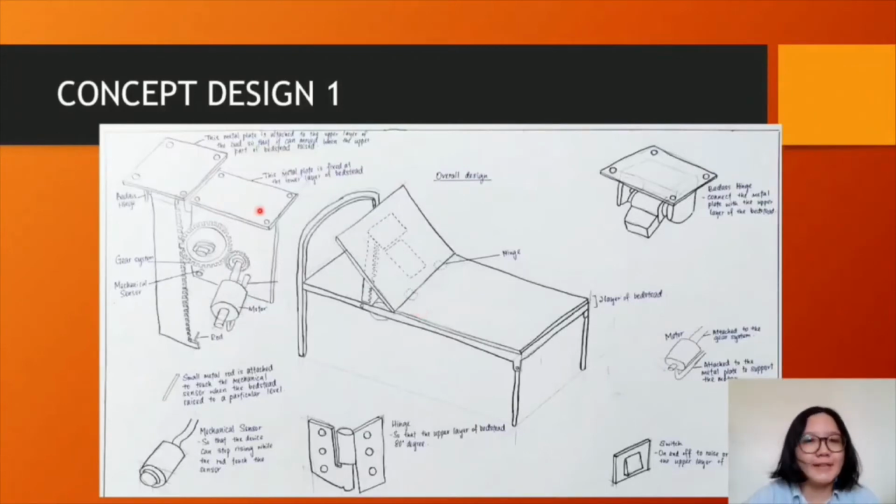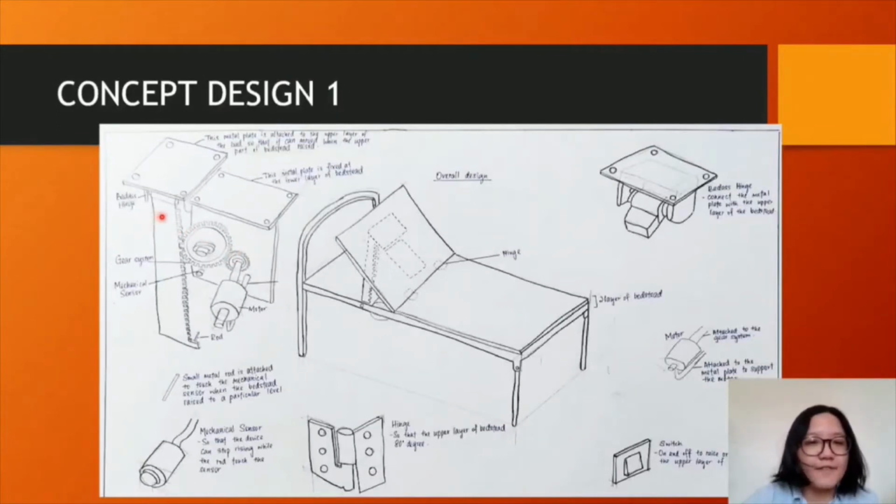There are 2 metal plates. The first metal plate is connected to the first layer of the bed stat and it can be moved. The second metal plate is fixed at the second layer of the bed stat. There's a gear system used to raise and lower the device.